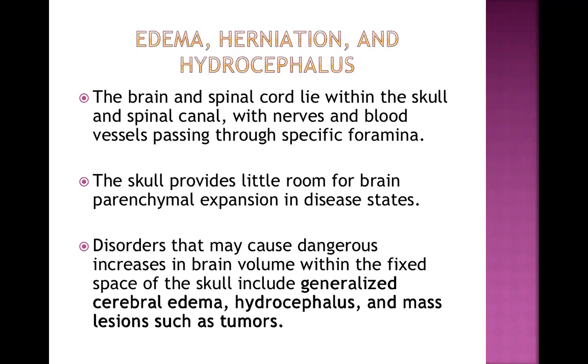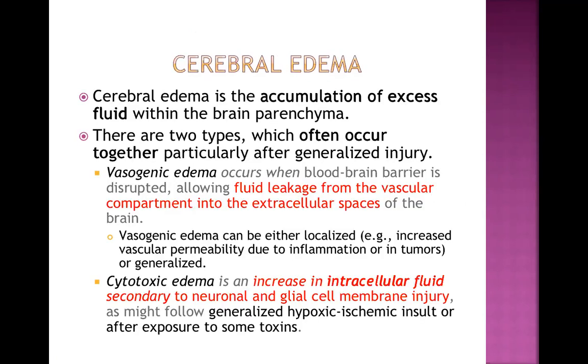Okay, so in this topic we'll talk about different aspects. Now, cerebral edema is the accumulation of excessive fluid within the brain parenchyma. There are two types of cerebral edema, and they are called vasogenic edema and cytotoxic edema. Now, there is a difference between these terms.